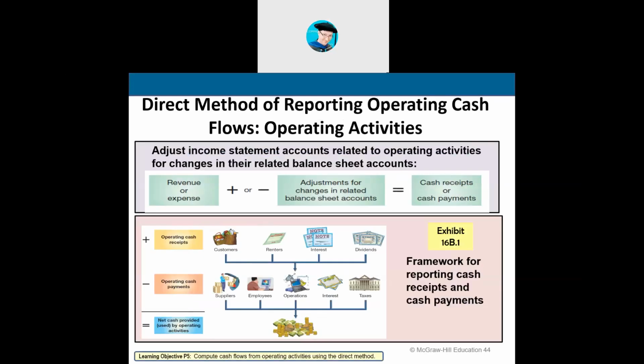We're taking our cash coming in from our customers minus our cash payments for day-to-day operations equals the net cash flow. A lot easier. It's just a lot more straightforward to do the direct method.